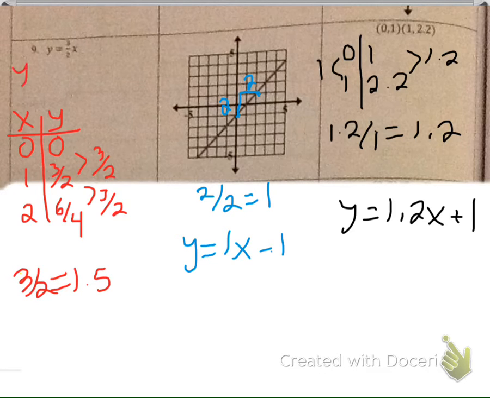So I could write this as y equals 1.5x. Okay, so if that's the rate of change there, and then this has 1 and 1.2, that means the first one has the largest rate of change. Now for the largest y-intercept, this has 0, -1, and 1, so that means this one has the biggest y-intercept.